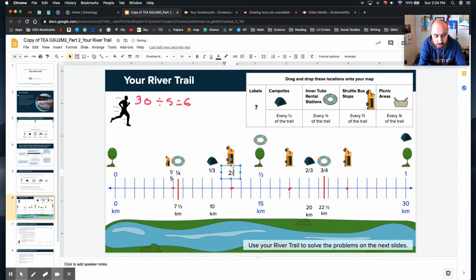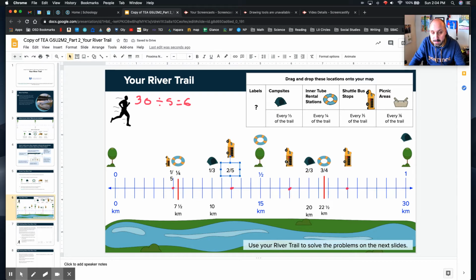Okay, so there's 1/5. Let's bring another one down. And this is 2/5 of the trail. Close that down, put that up a little, pull this up a little. Here's 2/5. Oh, it's taking a while. And here is 3/5 of the trail, or 18.